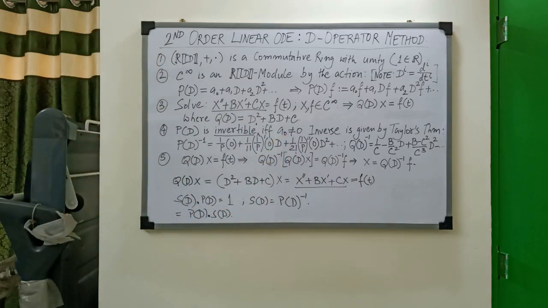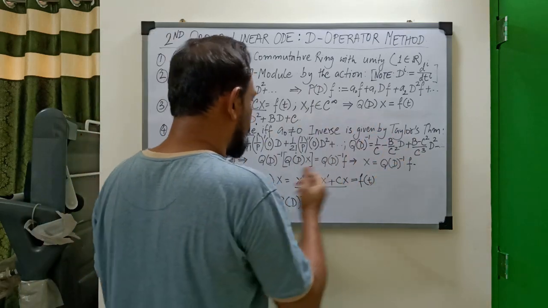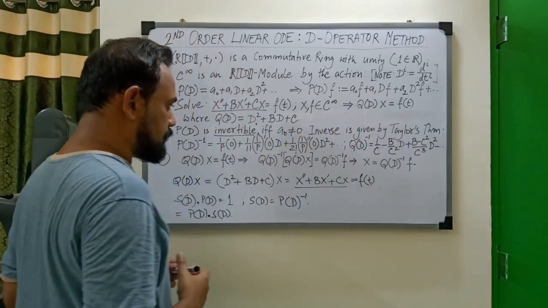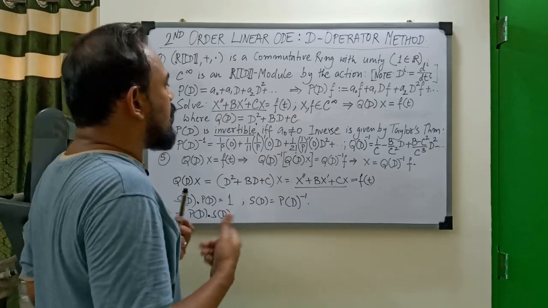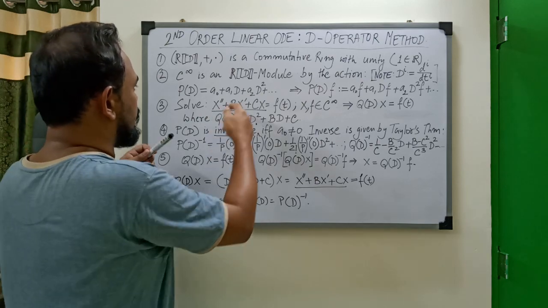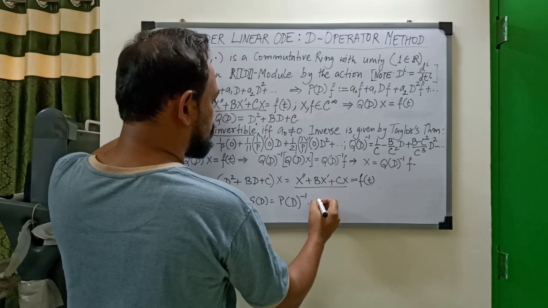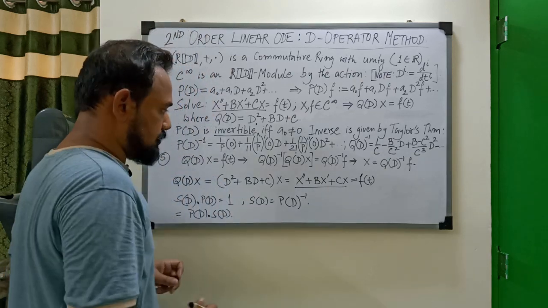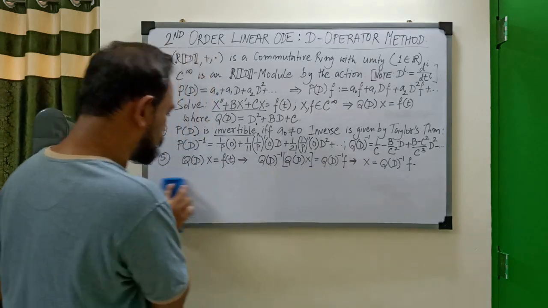That's the result I'm quoting, and I'm not going to prove the whole thing, but I'll give you a flavor for it. The way we find the inverse is by taking the reciprocal. So if you have P(D), let me just give you an example.